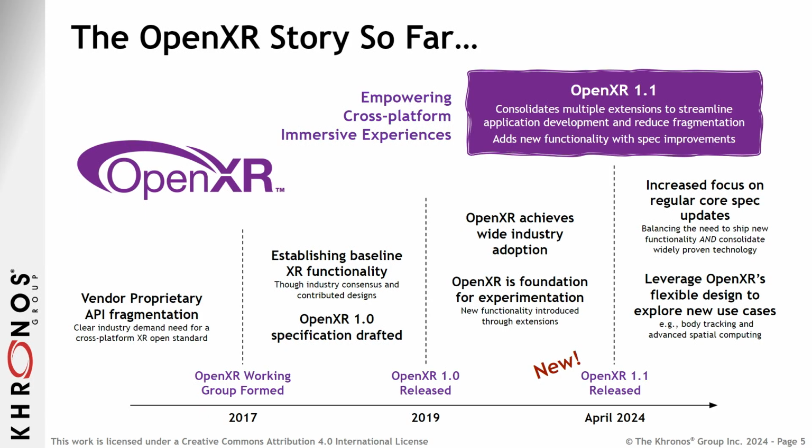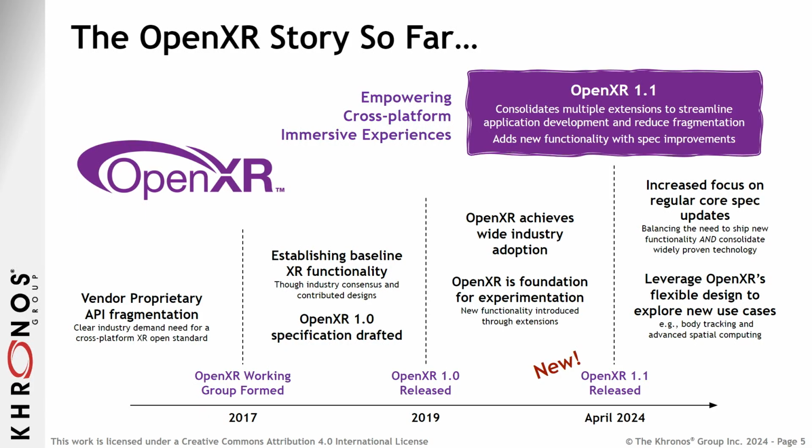The group did a good job in really establishing baseline functionality to enable XR apps in the 1.0 spec. And then after the spec was released, that's when we spent a lot of effort recruiting new hardware vendors that weren't already in the group to come and implement and become conformant.